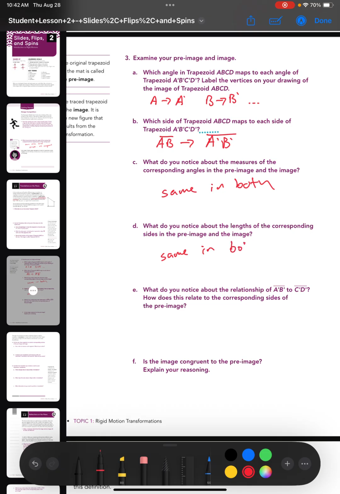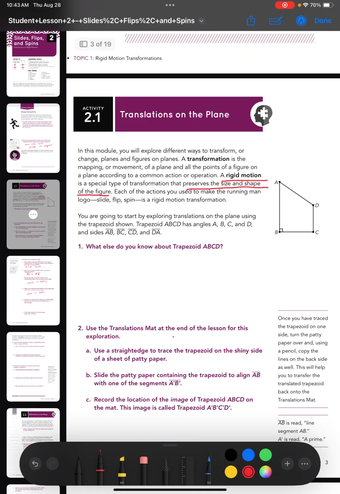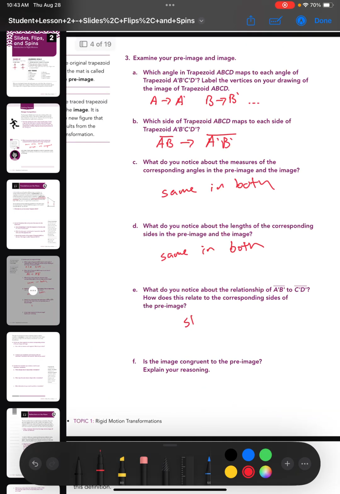Just going to keep reiterating that throughout this lesson, that we're not changing the size and shape of the figure. What do you notice about the relationship between AB and CD? So if we go back to the original, these two sides, since we're not changing the size and shape, they're going to remain parallel. So they are still parallel.